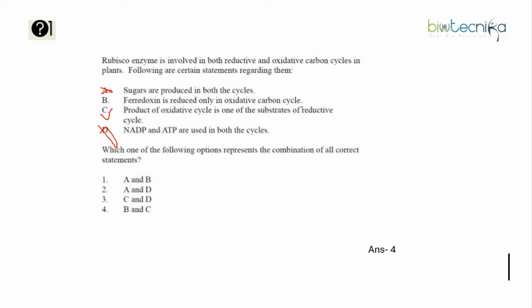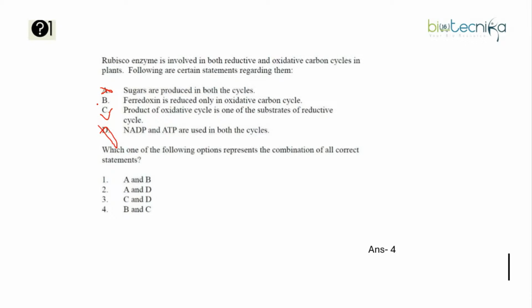Okay, now this thioredoxin cannot get reduced without FD getting reduced. Okay, so FD transfers the electron to your thioredoxin, and it reduces it. All right, so yeah, you can say that it is a part of the oxidative carbon cycle, but if I am to be very precise, this is not directly involved.